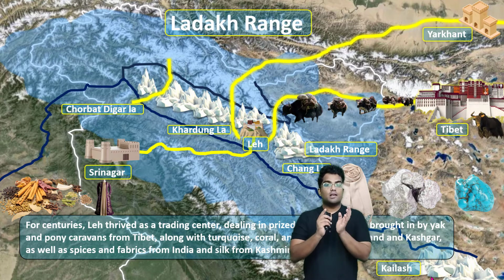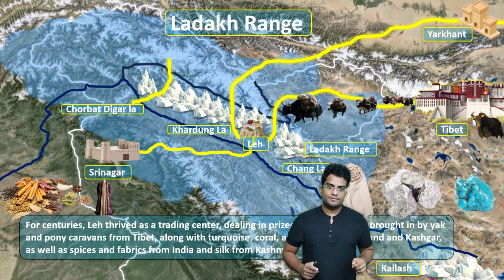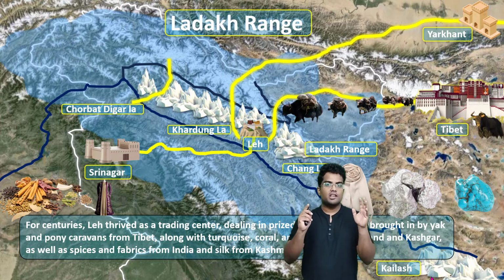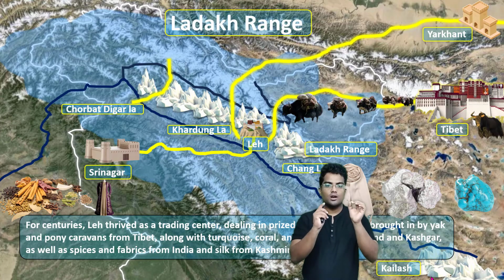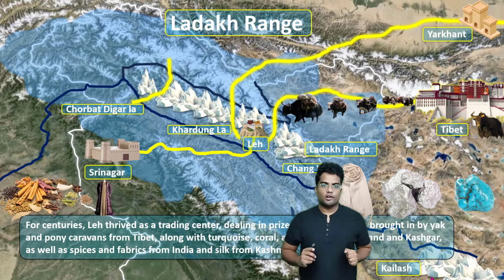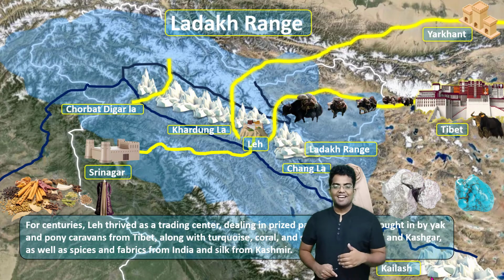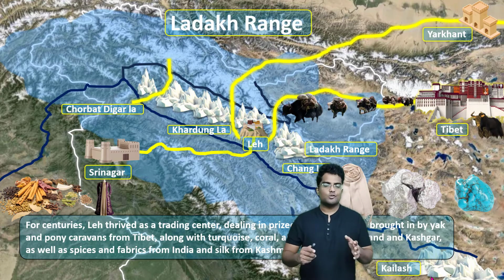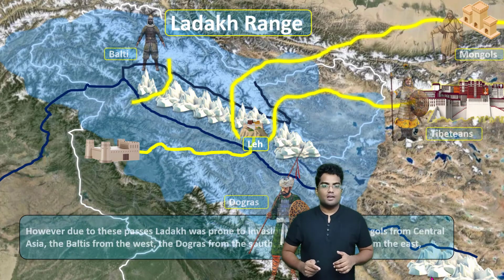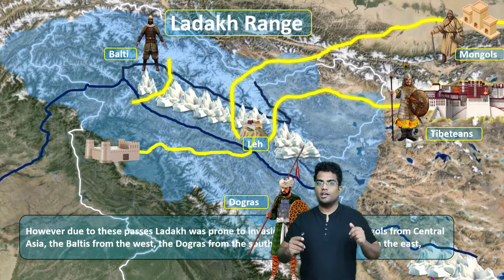So essentially, Leh prospered. Leh used to be a very important town during the medieval ages only because of its strategic location near the Khardung La Pass as well as the Chang La Pass. But you should understand that since it was located near the passes, it was also attacked by many invaders.